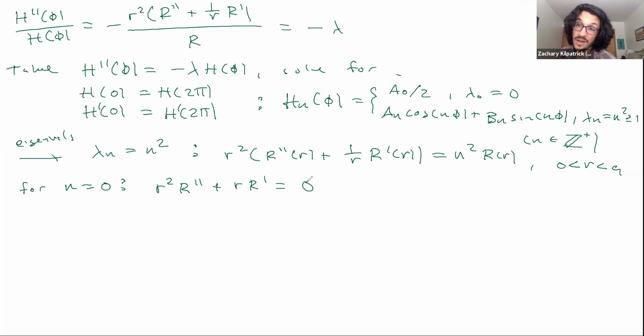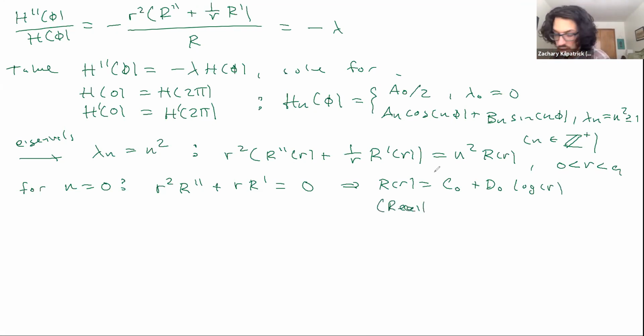So the general solution in this case is the sum of a constant and a natural log. So we get R of r is equal to C0 plus D0 log of r, that's our natural log of r. This should look familiar in terms of the Laplacian, because it's the general form of our 2D fundamental solution.